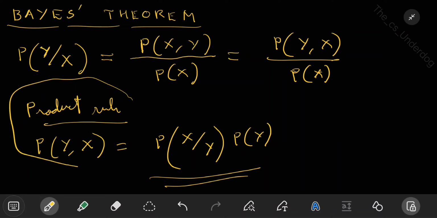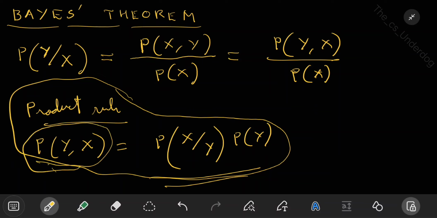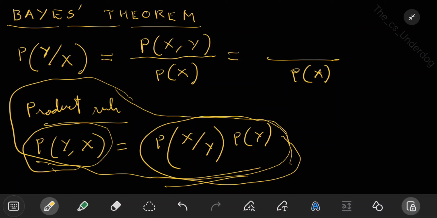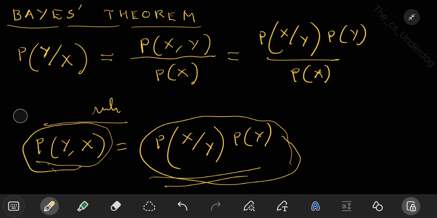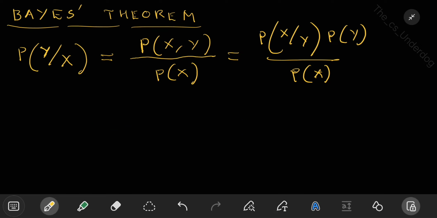If we substitute this value here instead of P of yx, we get P of x given y into P of y. You agree with this? So now we have probability of y given x is equal to probability of x given y into probability of y divided by P of x.